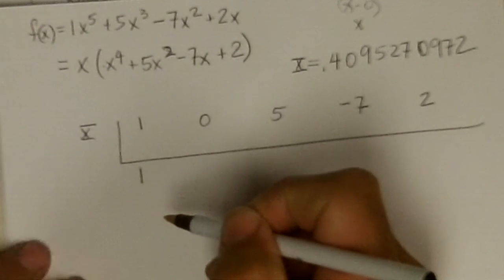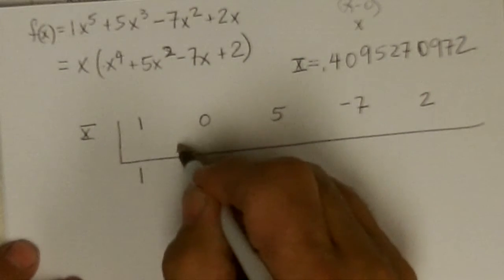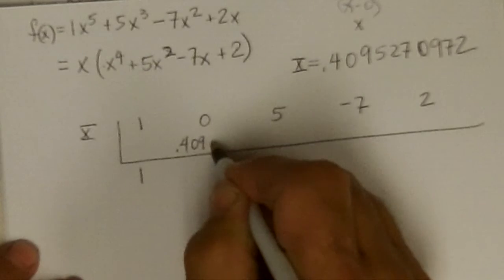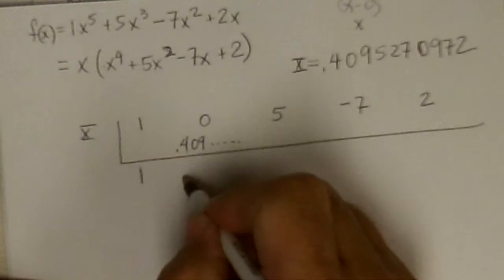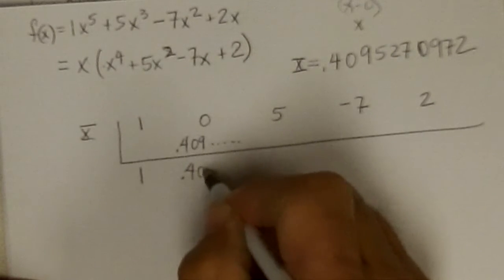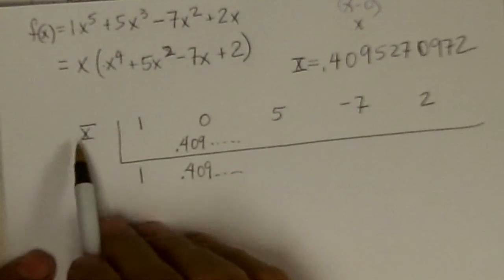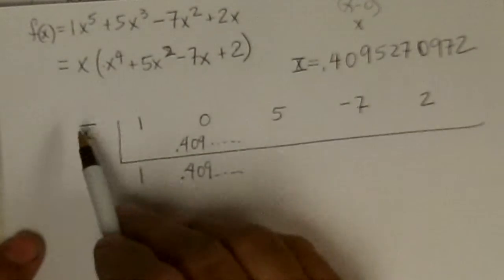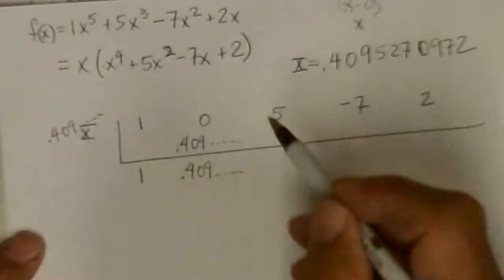That's easy. This x times 1 is going to be 0.409 blah blah blah. Okay? And if I add those, I get 0.409 and all that stuff. Then I've got to take this x, this 0.409 blah blah blah, times that.